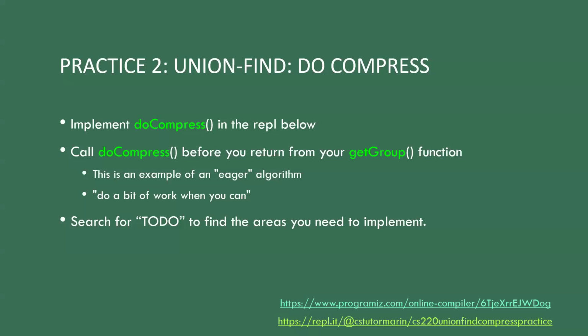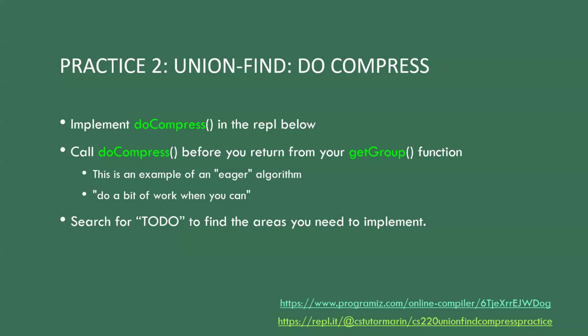So we want to compress from A to this node. That's our compress function. And here's the do compress. You just say do compress from A to this node, and that's going to go right there.